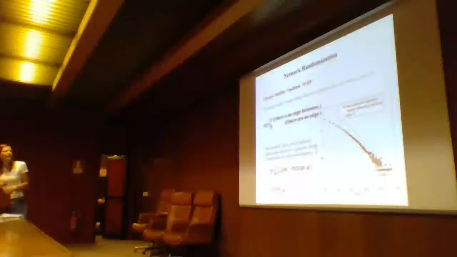We have linear preferential attachment and non-linear preferential attachment. In our data set, we used mu 1 and mu 0.75 to see how linear and non-linear preferential attachment affect the community structure.